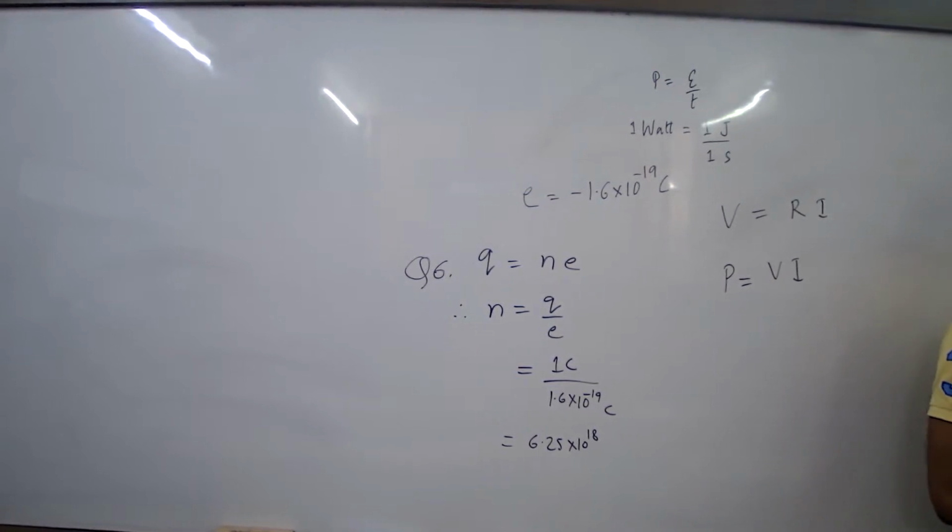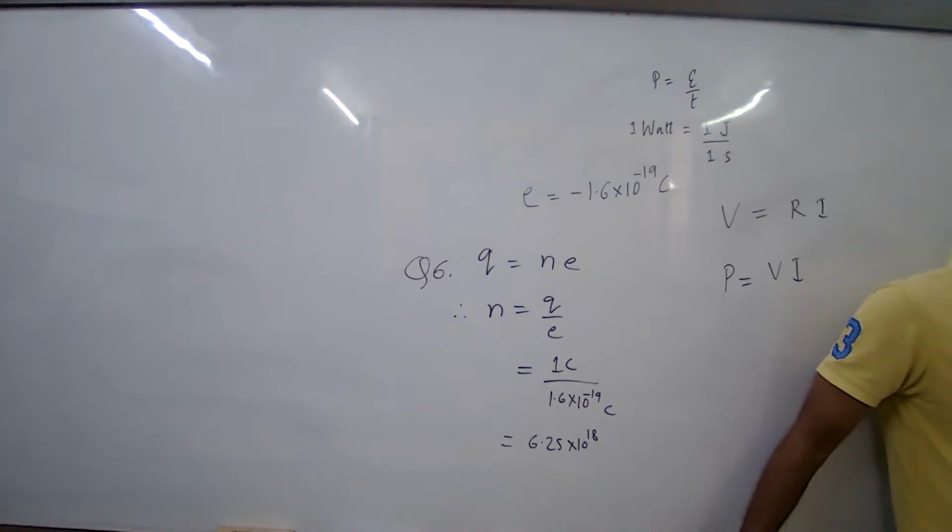Okay? So what is the answer now? You just said the answer. Manganin is used in making standard resistors because manganin is an alloy, so it has higher resistivity than individual metals. So, question 8.